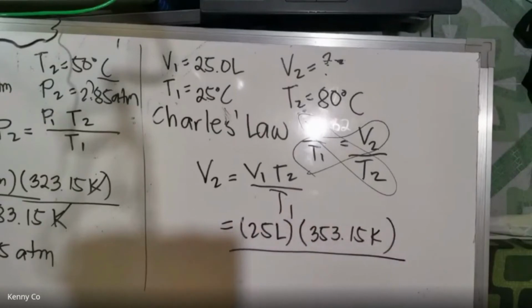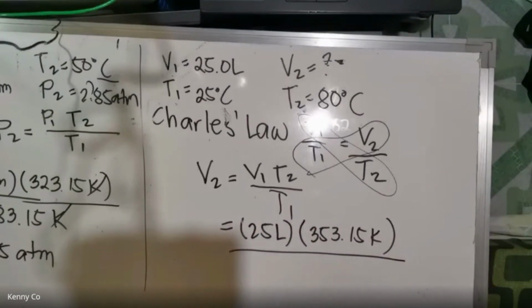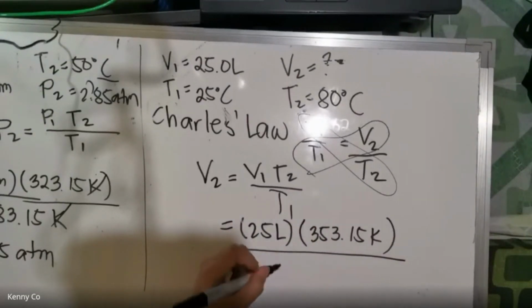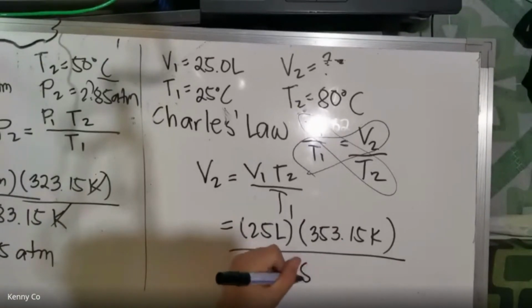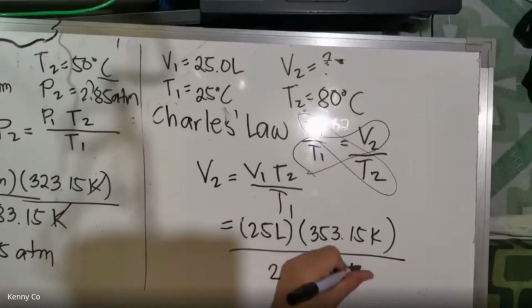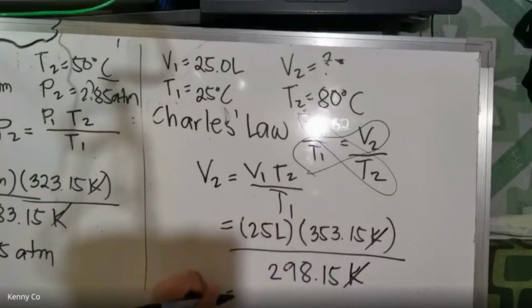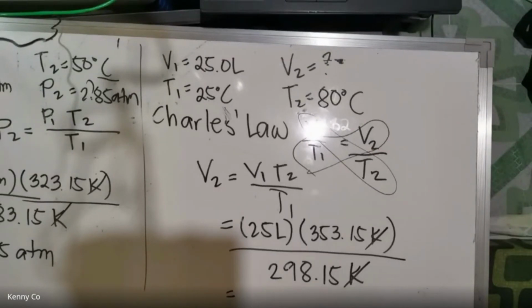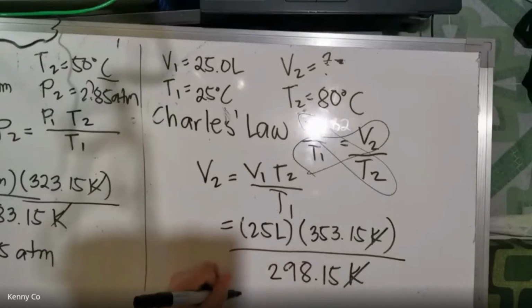Divided by T1. T1 is 25 degrees Celsius, converted to Kelvin, that is 298.15 Kelvin. Cancel Kelvin. So 25 times 353.15 divided by 298.15. The final answer is?